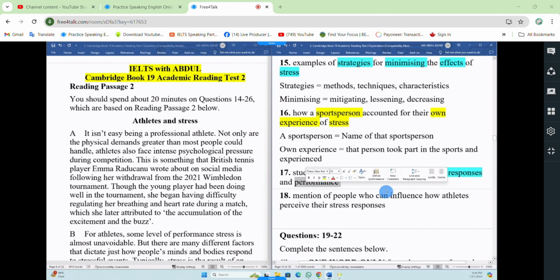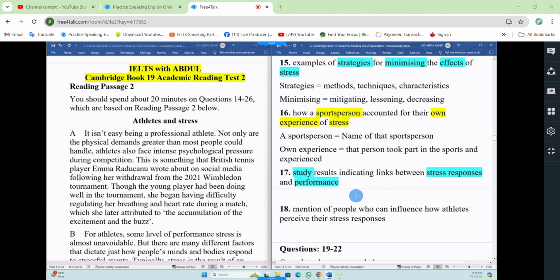So there is a relation between stress responses and performance. Here again we should first consider the word study.